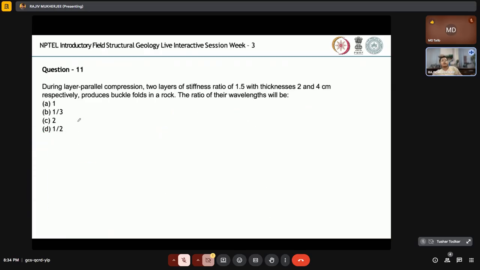During layer parallel compression, two layers of stiffness ratio of 1.5 with thicknesses of 2 centimeter and 4 centimeter respectively produce buckle folds in a rock. The ratio of their wavelengths will be?